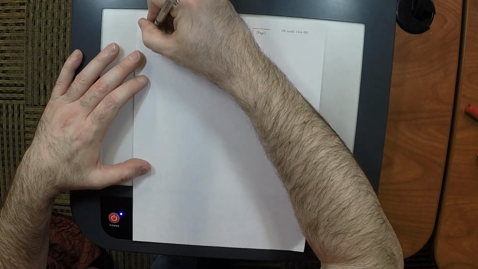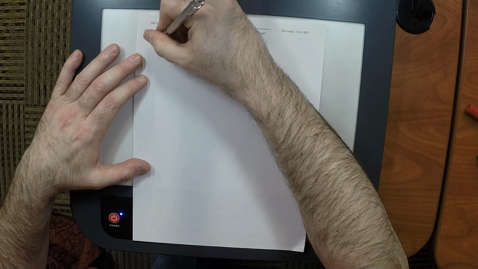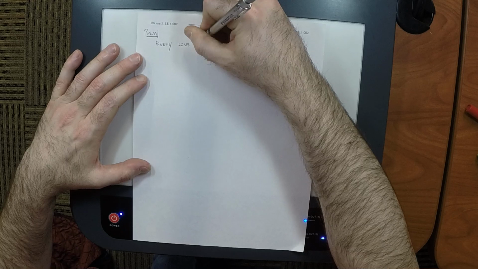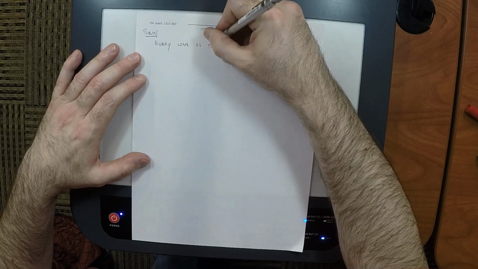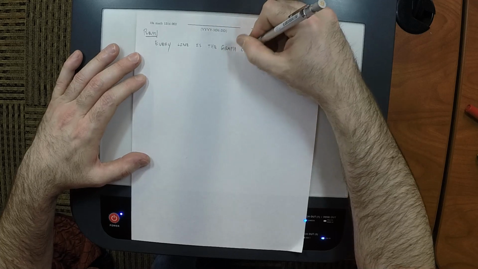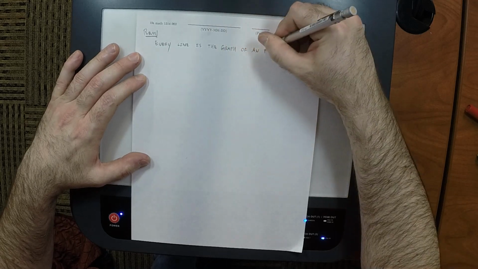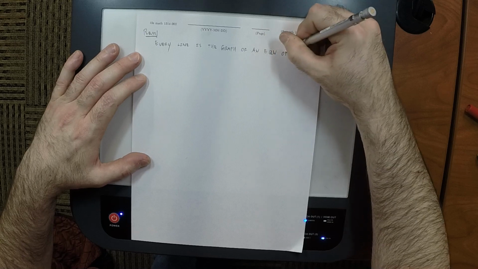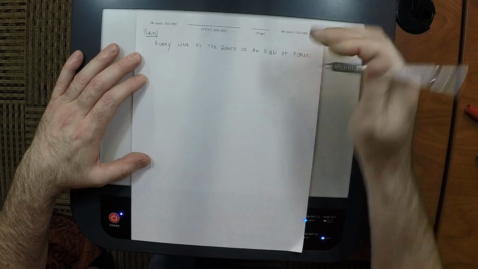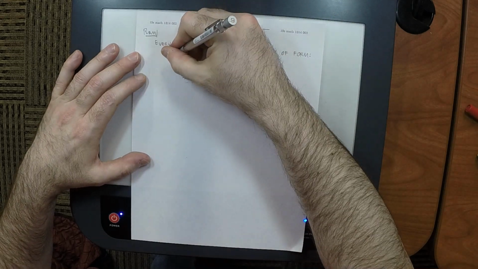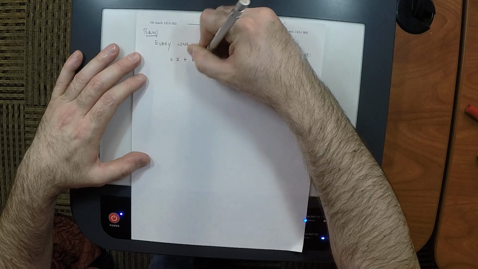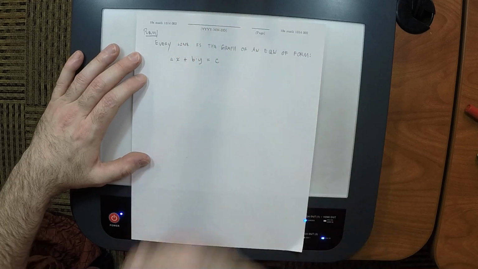So every line is the graph of an equation of the form ax plus by equals c.